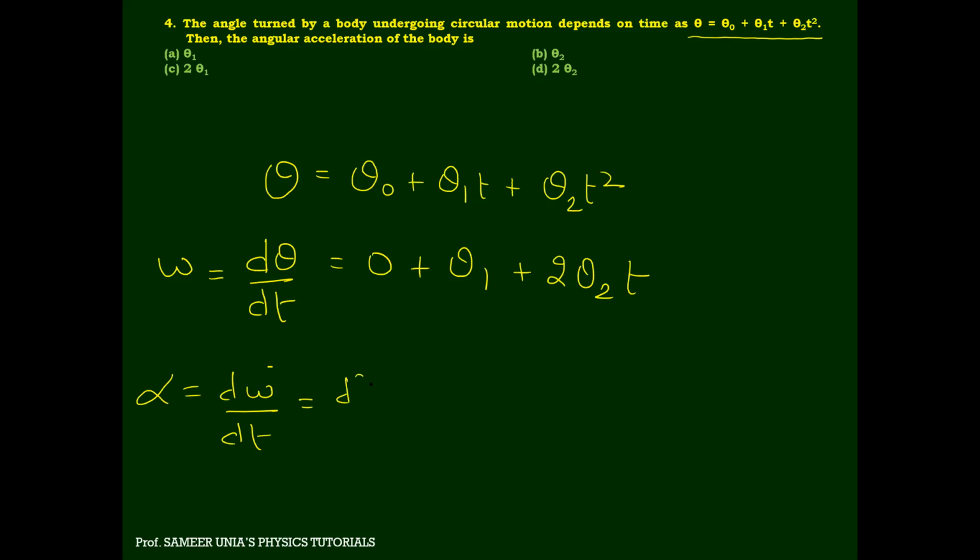That could also be written as d2 theta upon dt square. That is double derivative of this thing is 0 plus 0 plus 2 theta 2 is the answer. I hope you all are understanding. Yes or no?